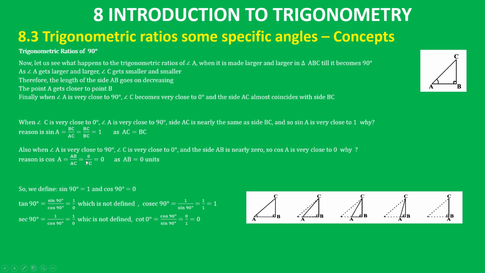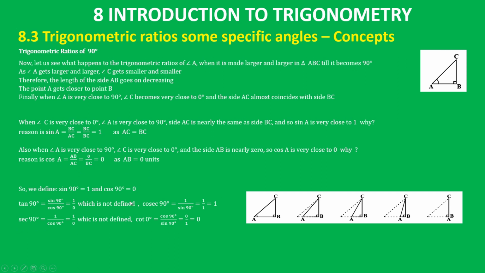AB becomes 0, and AC becomes BC, so 0 by a value is equal to 0. When angle A becomes 90, AB becomes 0 units, right? Now we know that sin 90 is 1, cos 90 is 0.